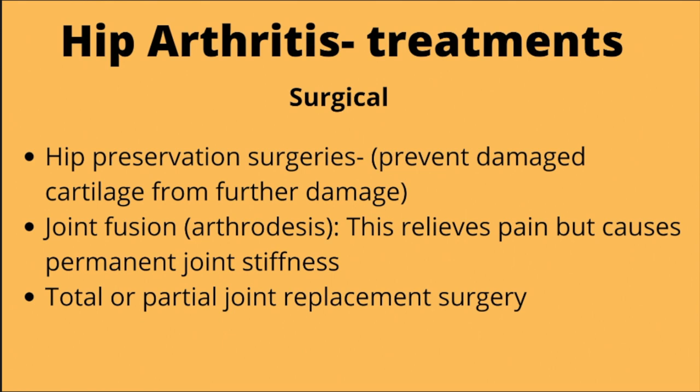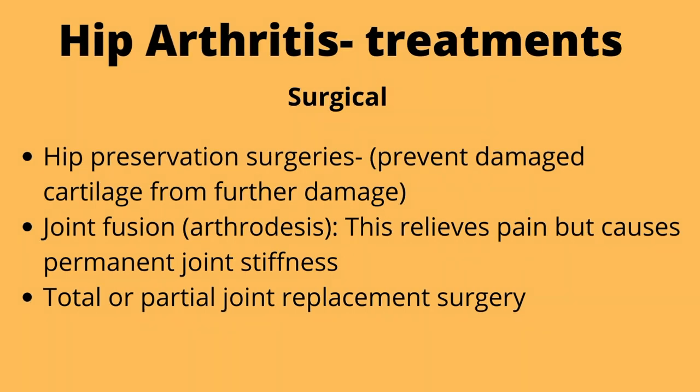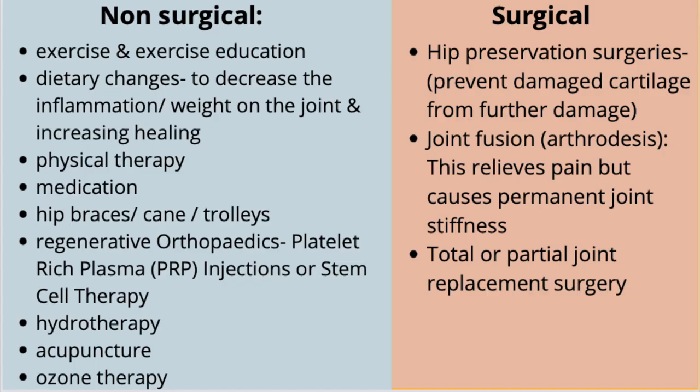One is hip preservation surgeries, the other is joint fusions, and last there are total or partial joint replacement. Now, when choosing a treatment modality, this depends on many factors. It depends on your overall health, your age, your physical activity, your weight, your job, etc. And most importantly, it depends on the level of arthritis that you have in the joint.